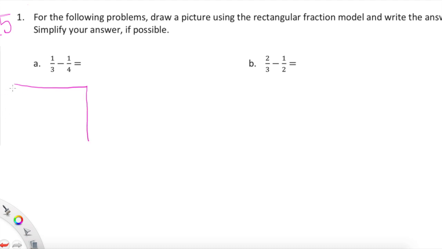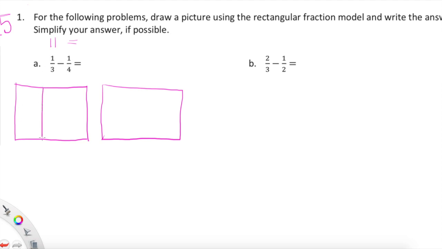Okay, you guys. So in lesson 5, as I told you, we are doing subtraction. We are continuing to model. I'm continuing to work on having 2 rectangles that are the same size. We are going to continue doing columns for our first fraction and rows for our second. So here we're looking at 1/3 minus 1/4.